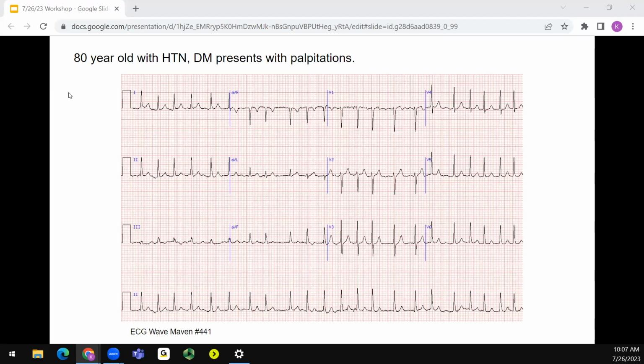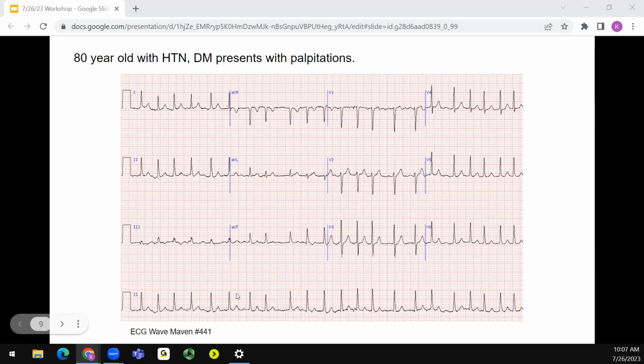Do you guys see any P waves or flutter waves? Maybe, but these little deflections are not all identical. What's the rate here? Yeah, pretty fast, somewhere between 120 and 150. So this is AFib with RVR.